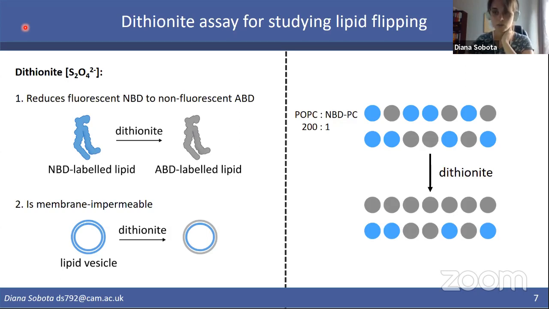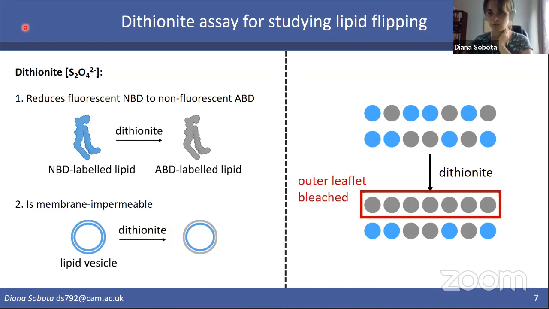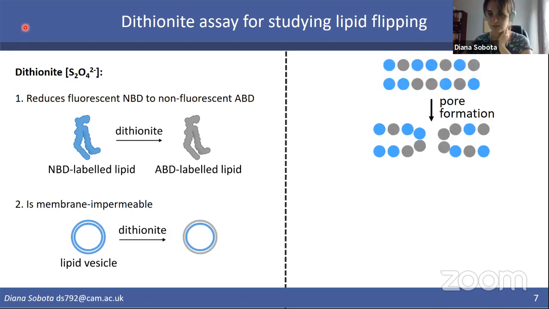I added 0.5% of NBD-PC. We don't need all of it to be made of NBD-PC. We just want to have our probes. Then we added the dithionite. Only the outer leaflet is bleached, 50%. What happens if we now have a pore? In this case, well, I drew you the pore, but you can imagine that this pore was formed for a reason, and in our case, this reason will be DNA.